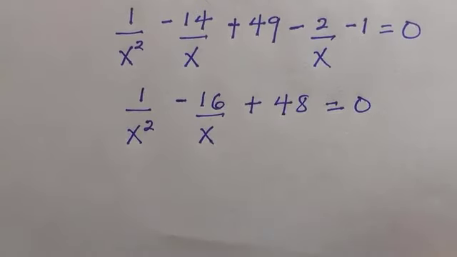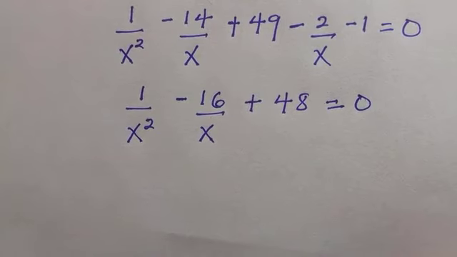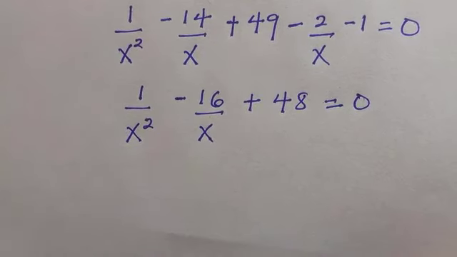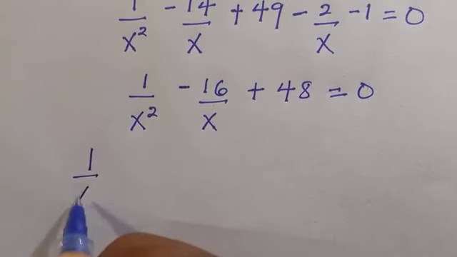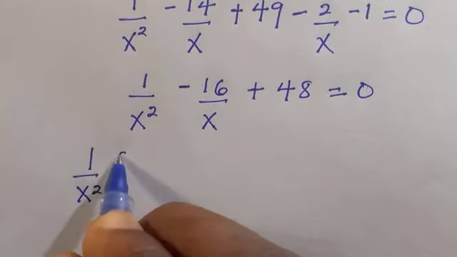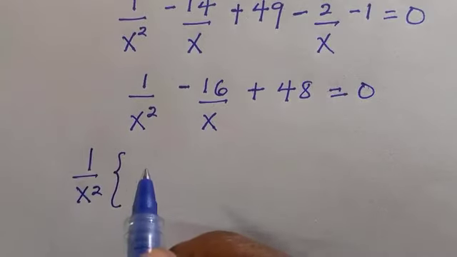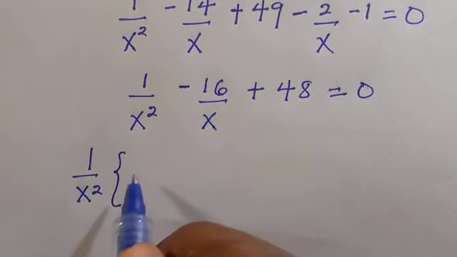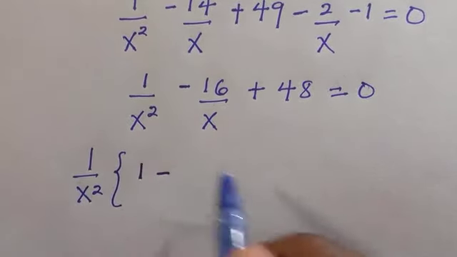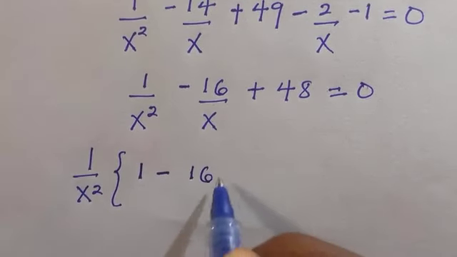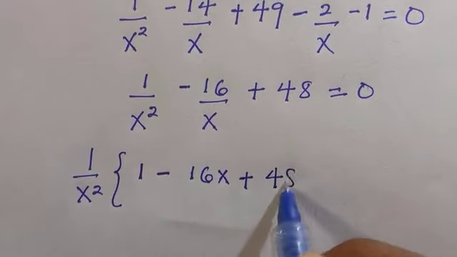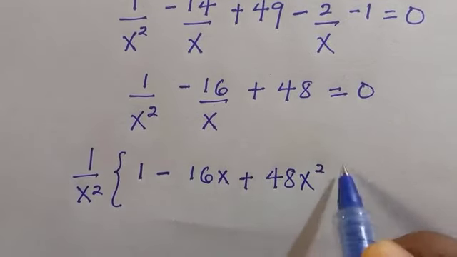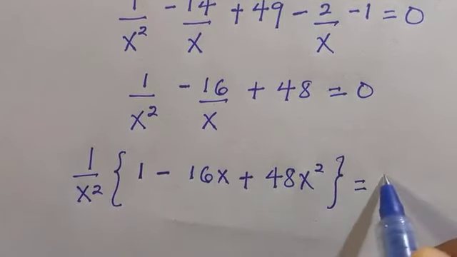So we have to factorize, or let's say I take out 1 over x squared. Then I create the bracket. So by taking out 1 over x squared, the first term here remains 1, while the middle term is going to become minus 16x, then the last one, which is the constant, becomes 48x squared, then equals 0.